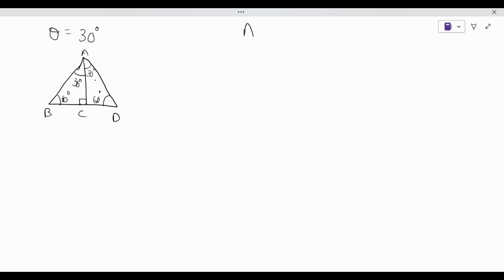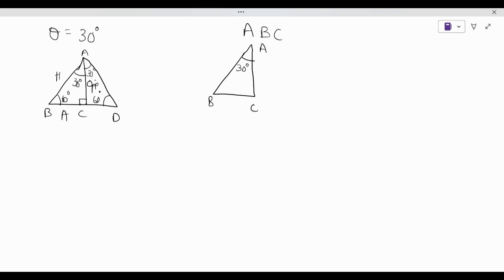I'm going to take triangle ABC, but I'm going to invert it. Like so, this is hypotenuse, this is opposite, this is adjacent, right? So this is 30 degrees, and I'm going to invert it. So this is A, B, C, right?